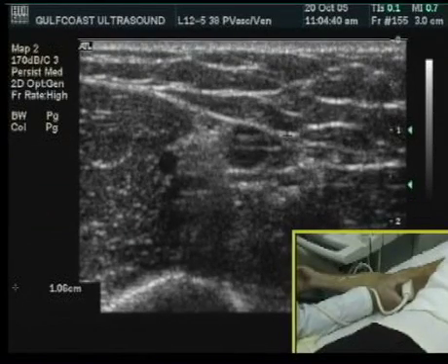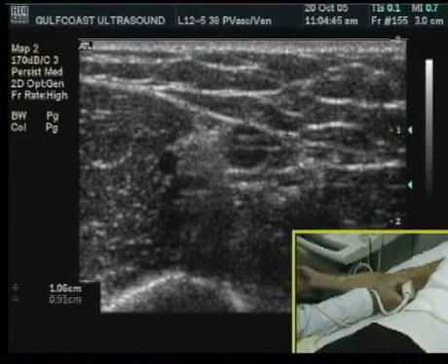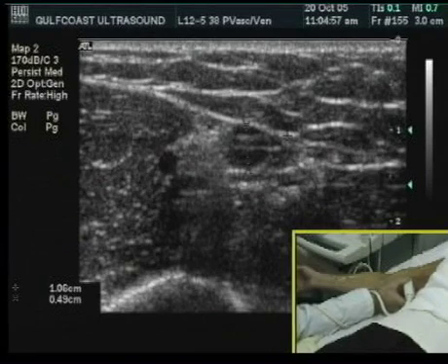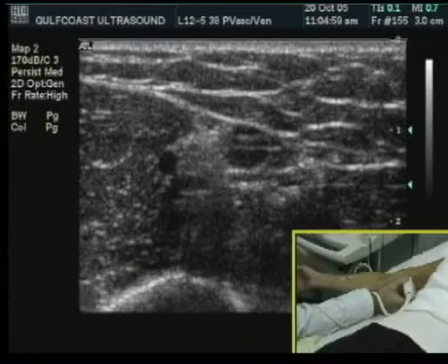I freeze it in cross section and enable the calipers. Actually, I was already using one caliper up there for a pointer, but it looks like this is about 5 millimeters. So that's a pretty good sized vein, and that would be suitable.